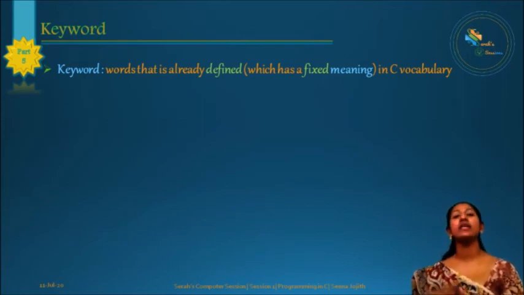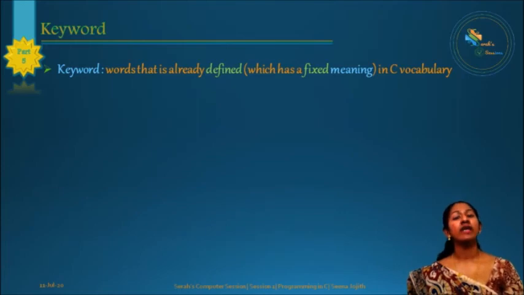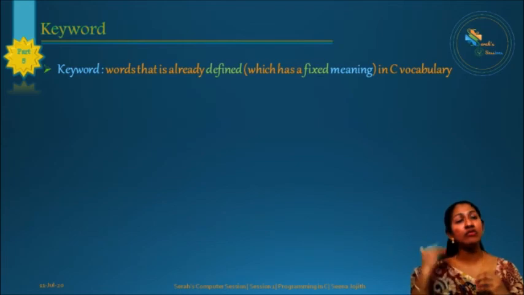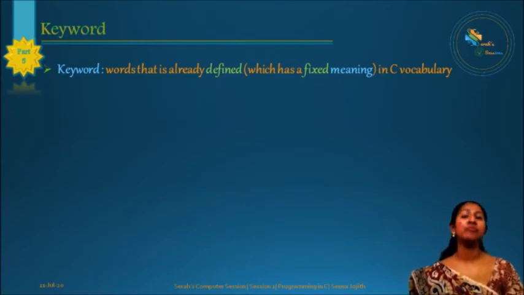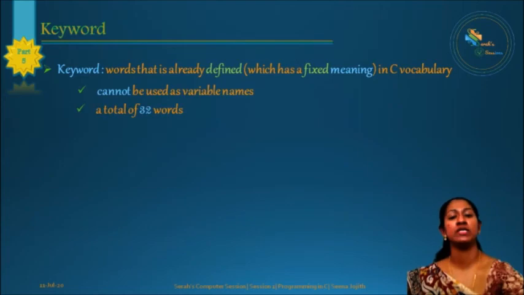So similarly, for C, and every programming language, there will be libraries, vocabulary, where certain words will be selected and given a fixed meaning. So if you select some of those words as variable names when you create variables, you will get an error by the compiler. You're not supposed to use keywords as variable names. It cannot be used as variable names.